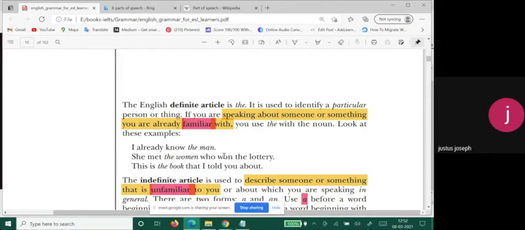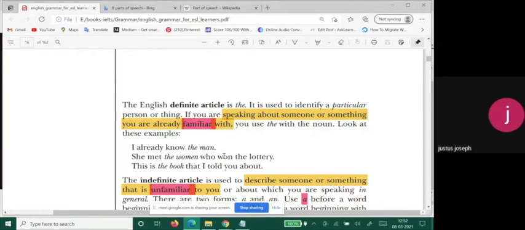Now, definite and indefinite articles. Definite article: the. Indefinite article: a, an.